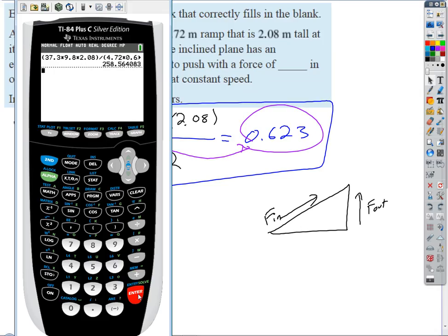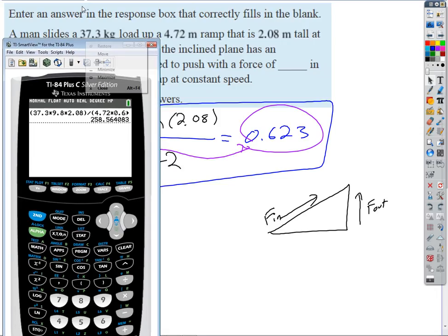And that gives us 258.56, so 259. How many sig figs do we have here though? 3. Okay, so 259.